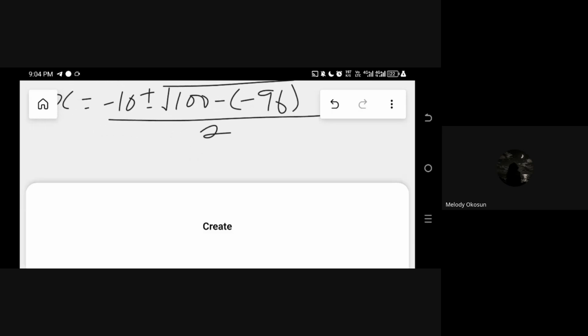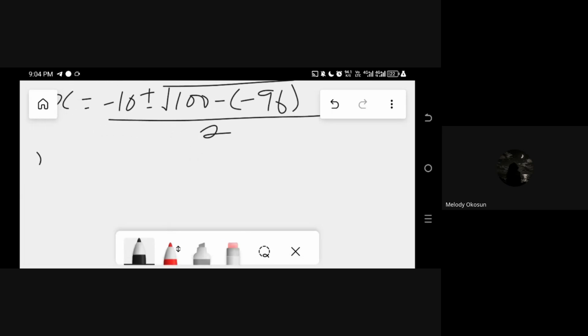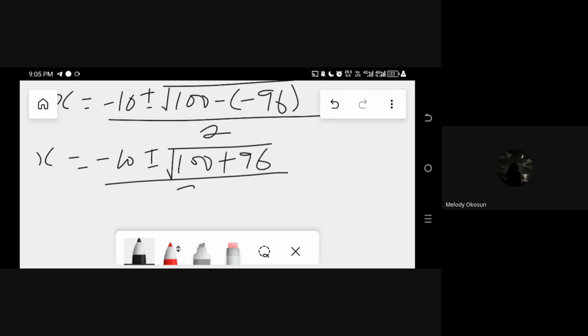Next, S is equal to minus 10 plus or minus the square root of 100, and minus minus gives you plus, so plus 96, over 2. Does everybody understand how I got to this stage?